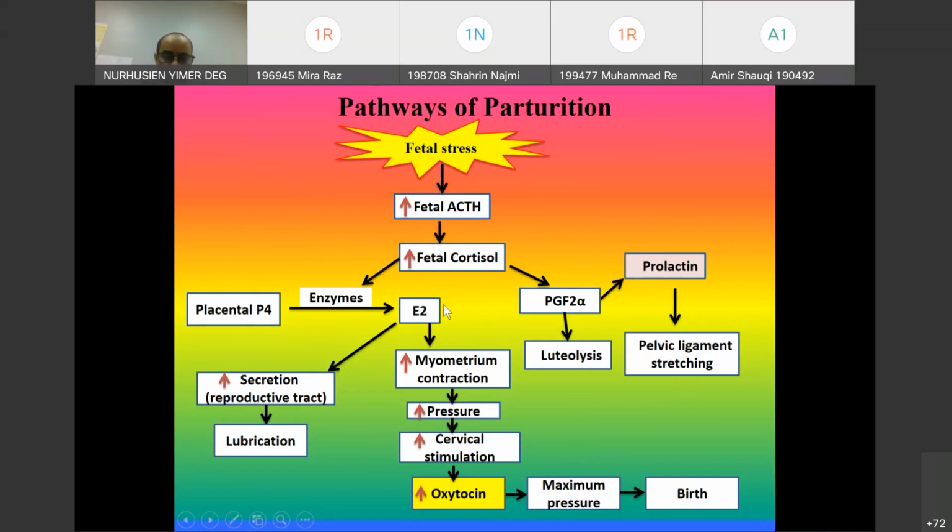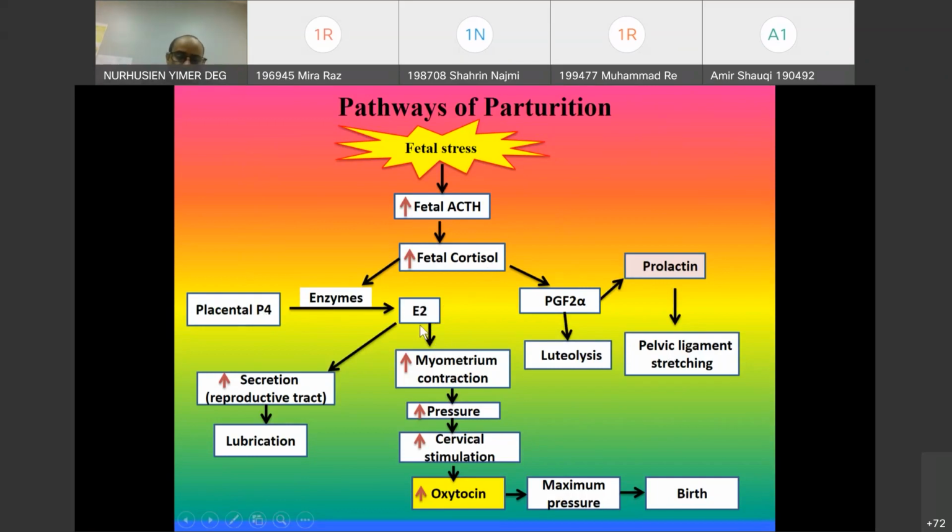Now, after that, we have this progesterone being converted into estrogen. The estrogen is going to have the following effects. One of them is a contractile effect on the uterus, right? So the myometrium will be contracting, and that is what we need as one of the mechanical factors for the successful parturition process.